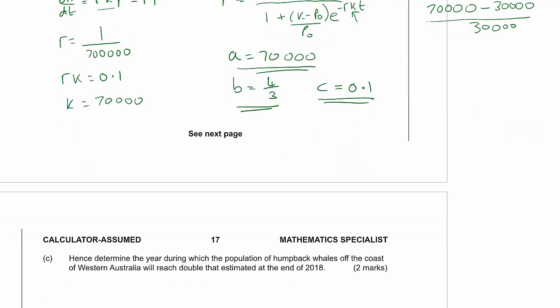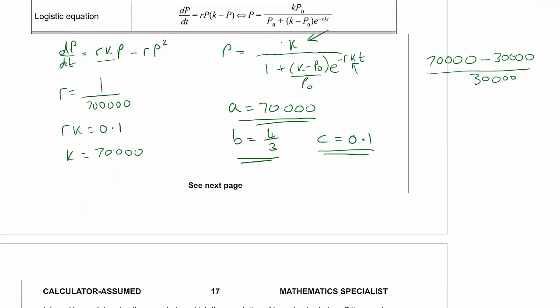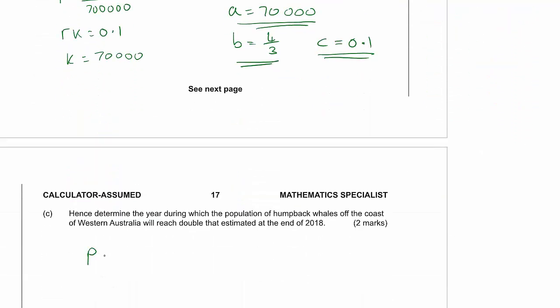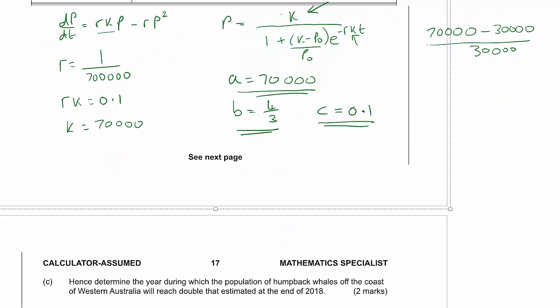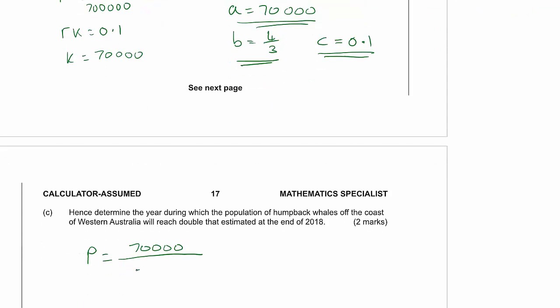Hence determine the year during which the population of humpback whales off the coast of Western Australia will reach double the estimate at the end of 2018. So if we go back to our equation, we now know that the A is 70,000, and on the bottom here we're going to have 1 plus 4/3 e to the negative 0.1t.